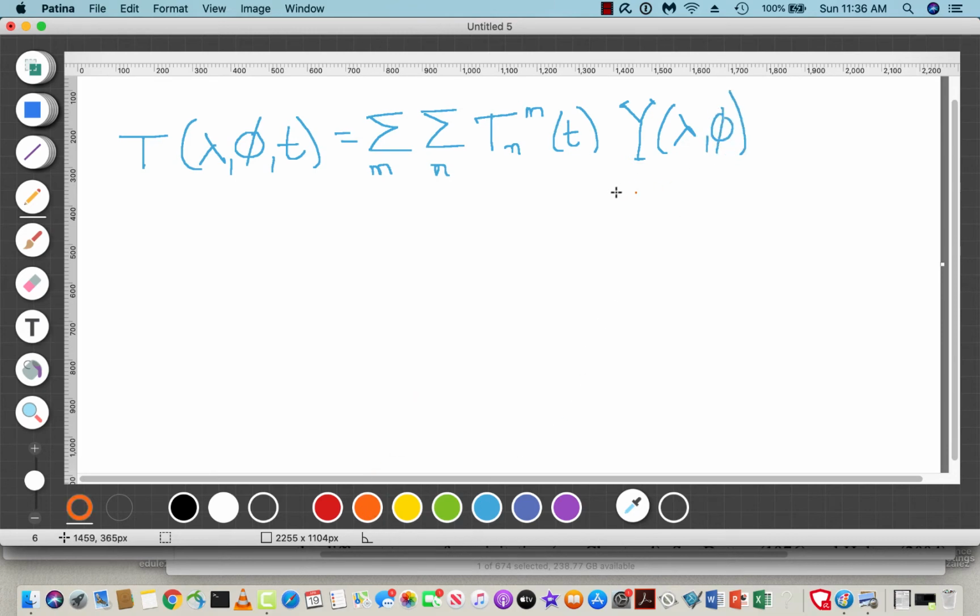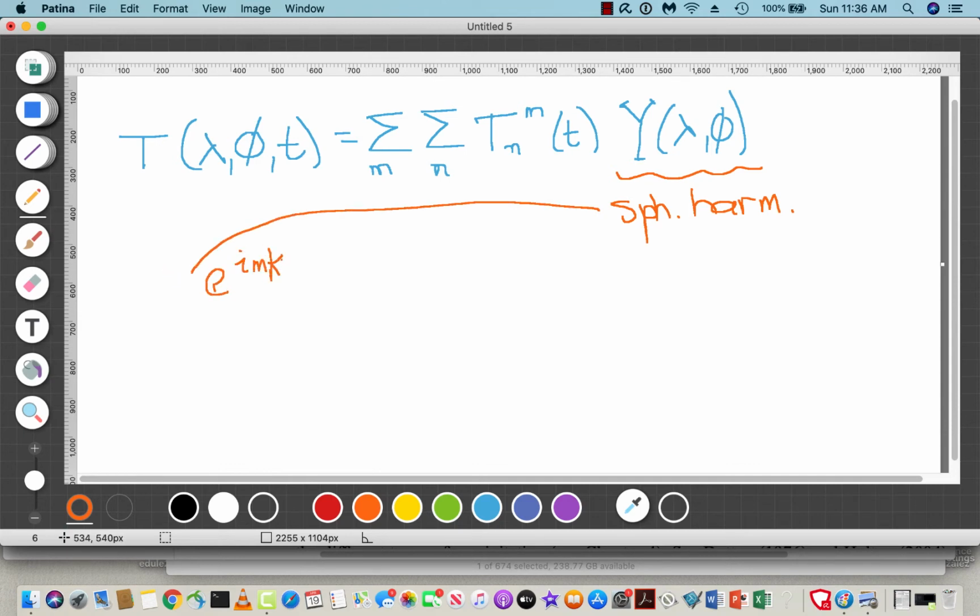So just in case you're confused, this is the spherical harmonic. Okay, so the spherical harmonic is composed of two things: e to the I mkx as before, and that's good.